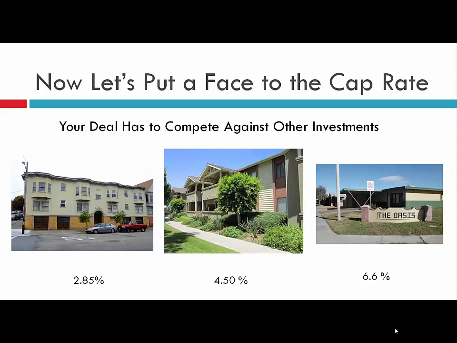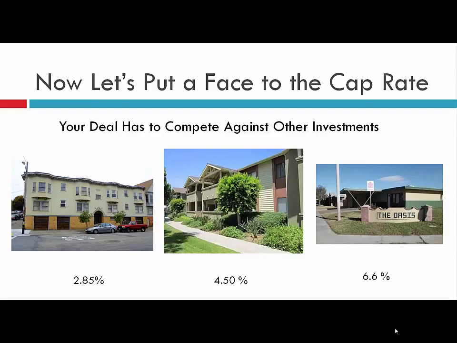And remember, those are trading about 4%. So that's your competition here. Now, California is supposedly a safer real estate market. Typically on the coasts, you're going to see lower cap rates. So that number has to compete against the blue chip bonds that the financial advisors are selling.